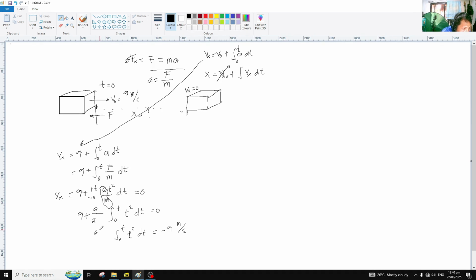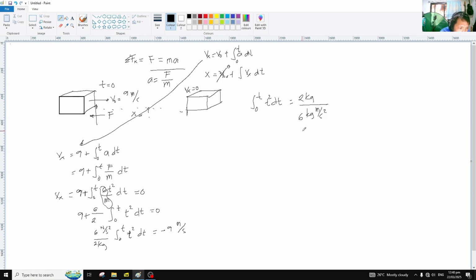And then you have your 6, what's the unit? Newton per second squared all over your 2 kilogram. I could put it here, meaning I have an integral from 0 to t of t squared dt, which is equal to 2 kilogram. And then I could put your 6 Newton as 6 kilogram meters per second squared. That is your 6 Newton.